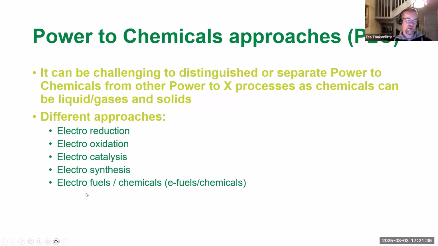The electrofuels basically is just the utilization of hydrogen, carbon dioxide or nitrogen and processing those in more or less traditional chemical conversions. But the other synthesis, catalysis, oxidation, reduction are usually done in an electrochemical cell. So the process and the reactor setup are very different from this last point here.